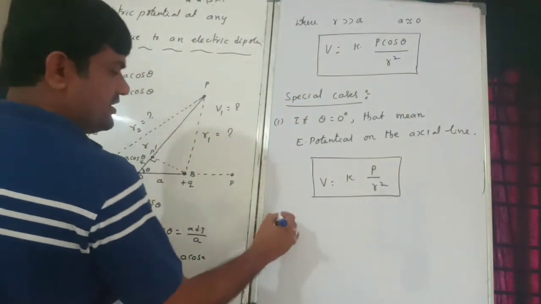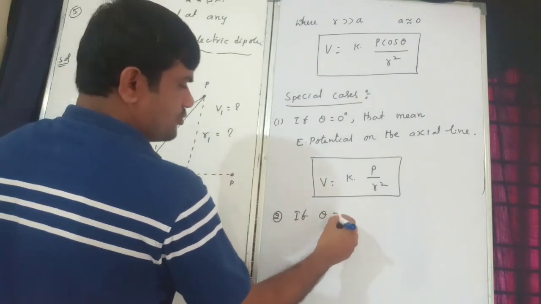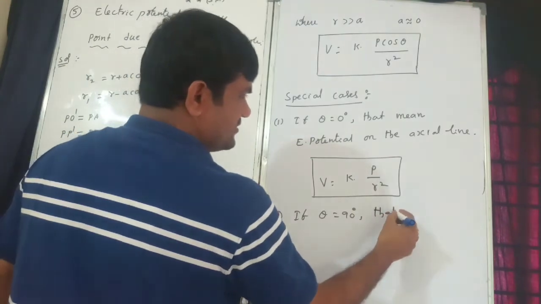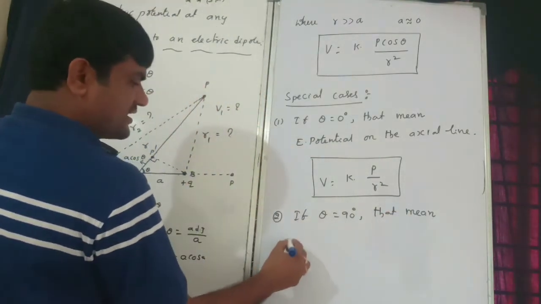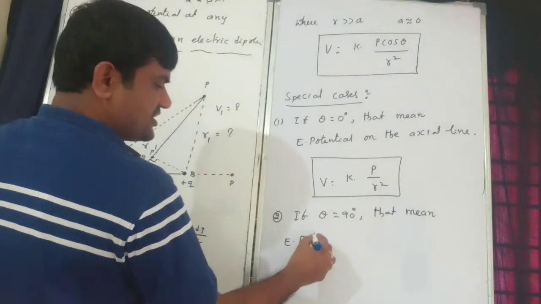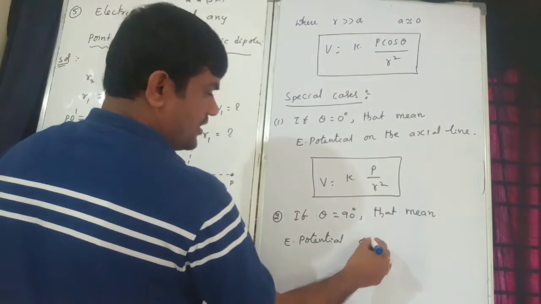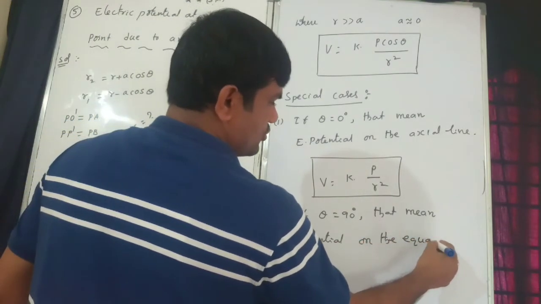Okay. Next. If theta is equal to 90 degrees, that means electric potential on the equatorial line.